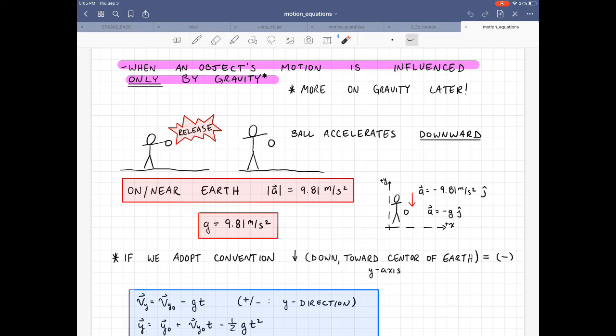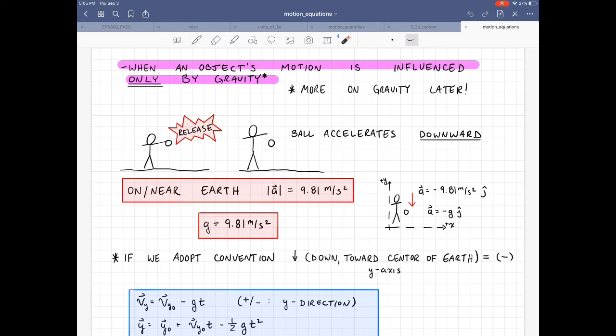That's the acceleration direction in free fall. If we adopt the convention that down is the negative y direction, then typically you'll describe the acceleration due to gravity as minus 9.81 meters per second squared. That is only the case when down is your negative y direction.